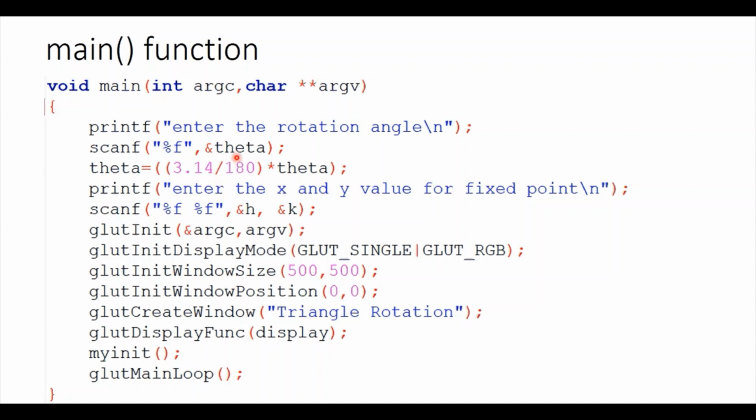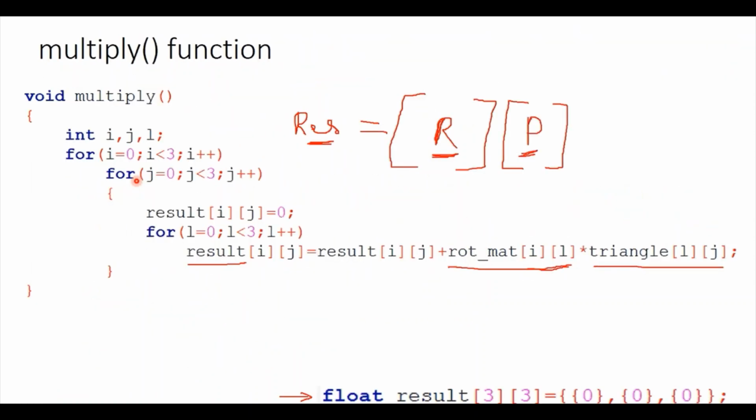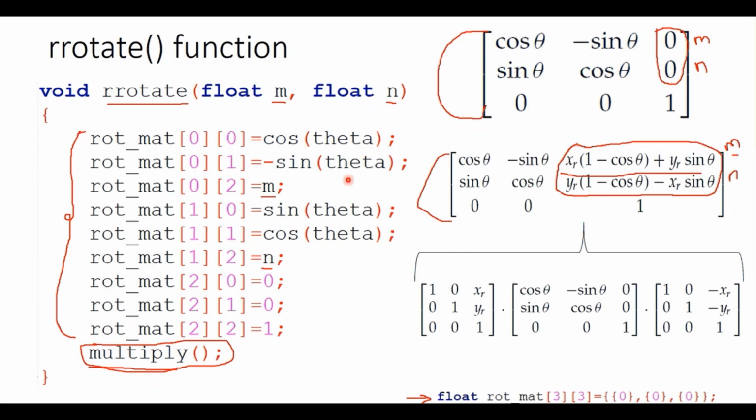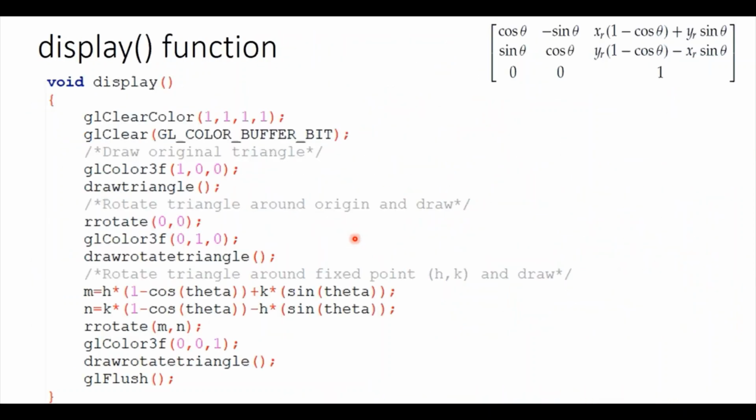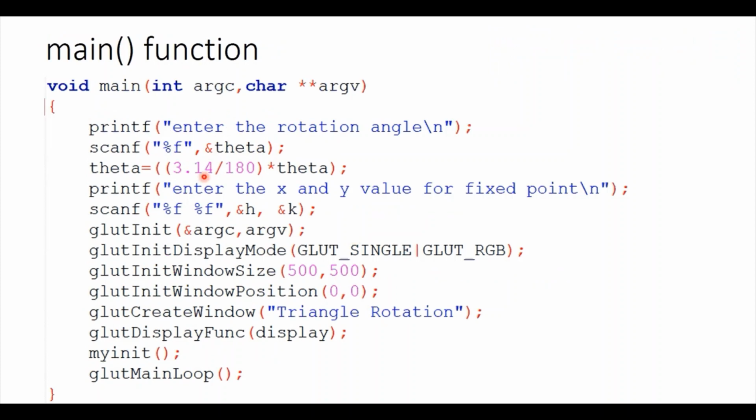So I have taken it as theta, enter the rotation angle, and I have read it as user input. And then the theta that we use over here should be in radians. So we have converted it into radians, and then we have taken x and y, that is h and k, as h and k. So that is the rotation around a fixed point.